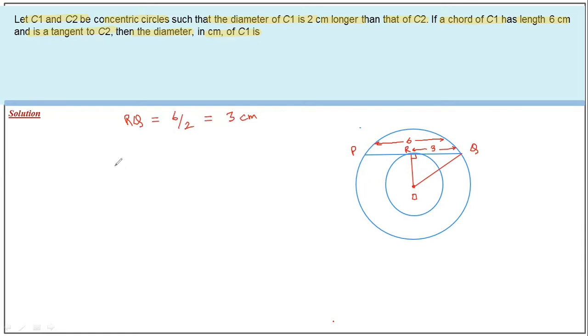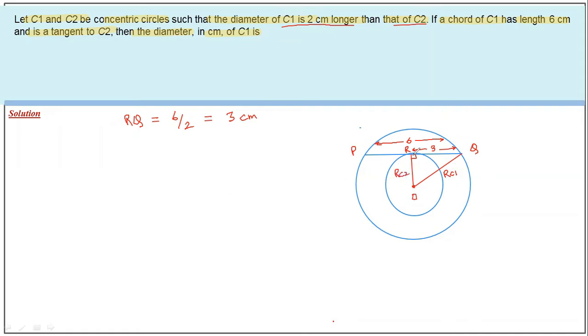Also it is given that diameter of C1 is 2 centimeter longer than that of C2. Now OQ is the radius of C1. Let me name this as arc C1, and OR is the radius of C2. Let it be arc C2.